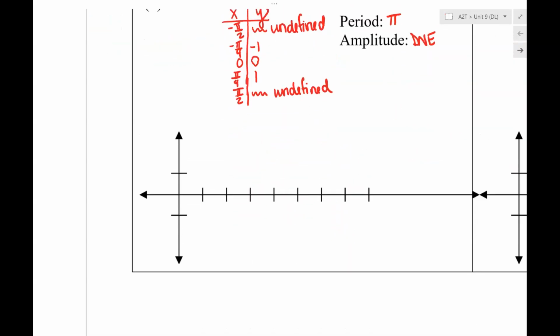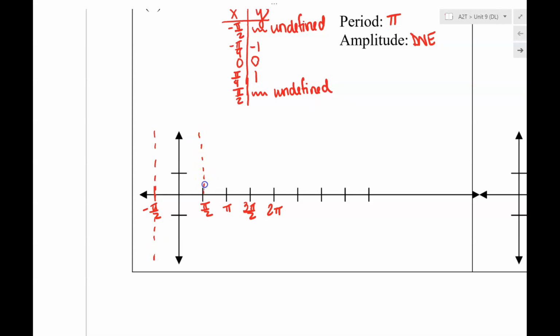Okay, so we definitely need to go negative pi over 2, pi over 2. We could label it with pi over 4s, but we'll leave it at this for right now. 3 pi over 2, and then 2 pi. Okay, so at negative pi over 2, we have a vertical asymptote. Remember, you can't cross those. It is not allowed.